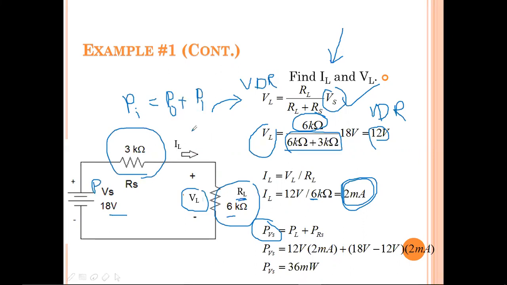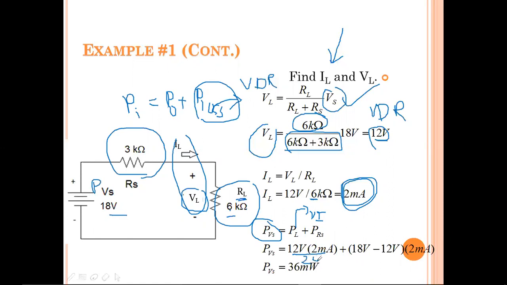These are the losses in the internal part. You can find the power easily, because power is nothing but a combination of voltage and current. For finding PL, the power at load, you multiply VL and IL. You know VL is 12 volts and IL is 2 milliamps. Then you will get a power of 24 milliwatts.